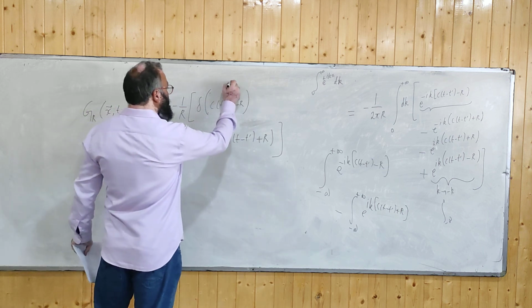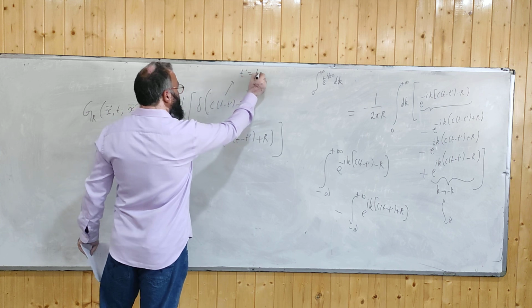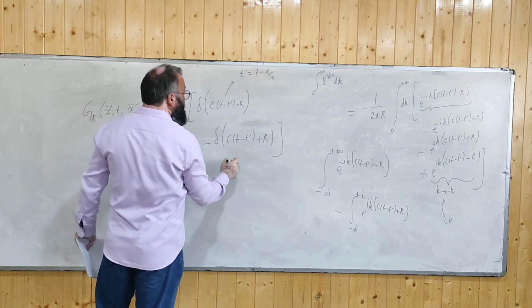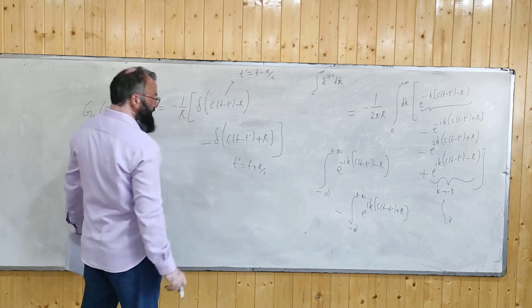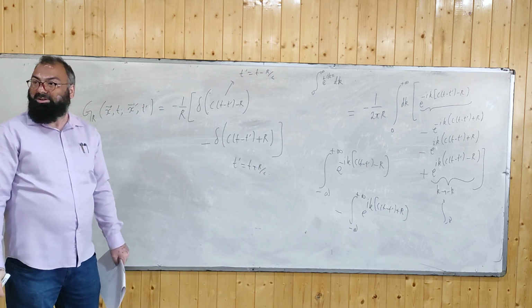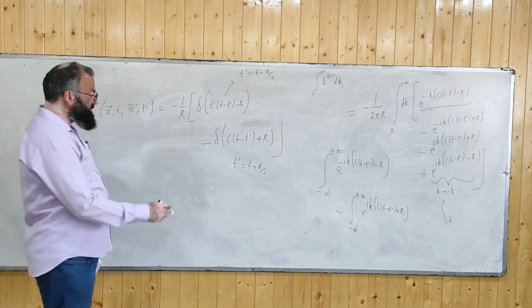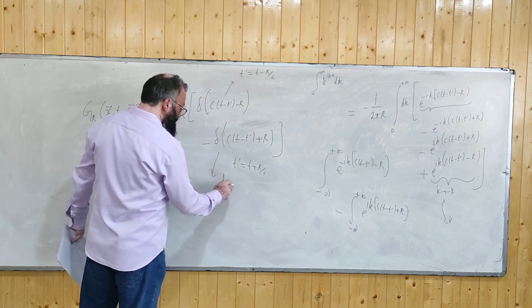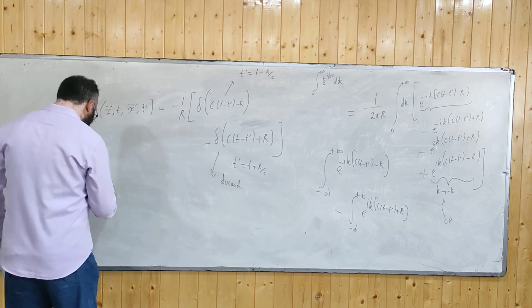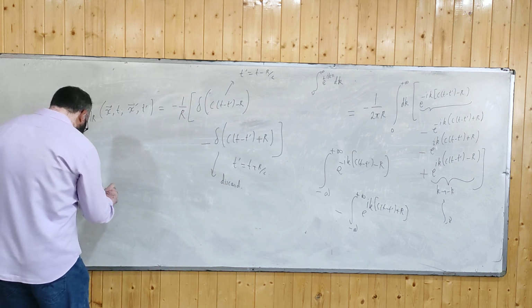So this gives you t prime equal to t minus r by c, and this gives you t prime equal to t plus r by c. You got my point? So we can ignore it and discard this very term. So what is our retarded Green's function?